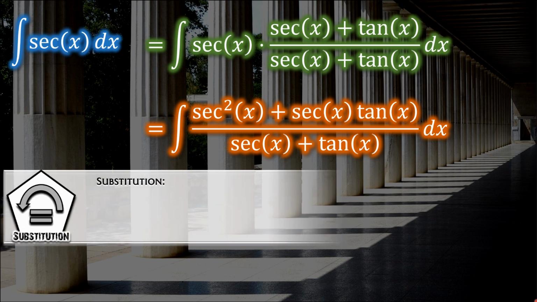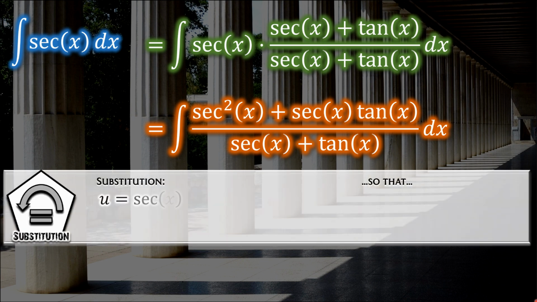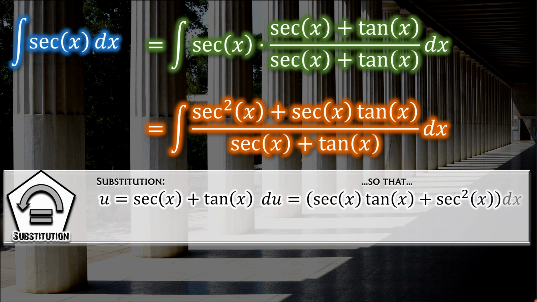Now I can actually do a substitution if I let u be secant x plus tangent x, the expression in the bottom. Because if I take the derivative of this, the derivative of secant is secant tangent, and the derivative of tangent is secant squared. It works out perfectly, because I can add in whatever order I want.